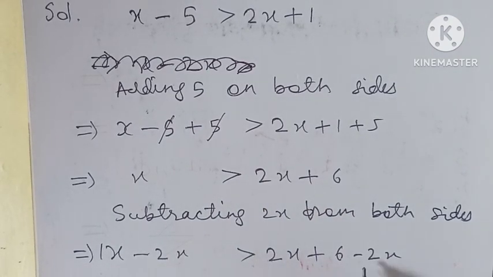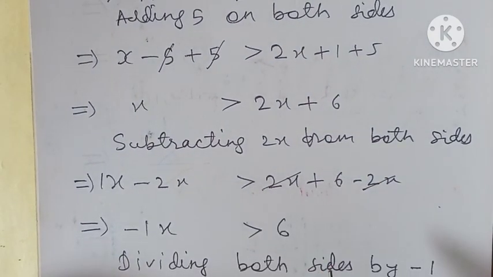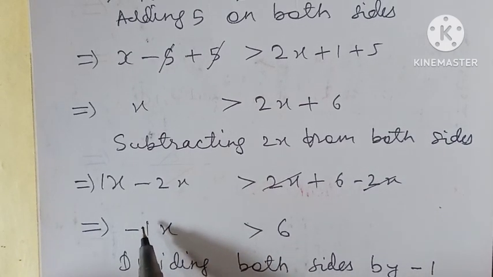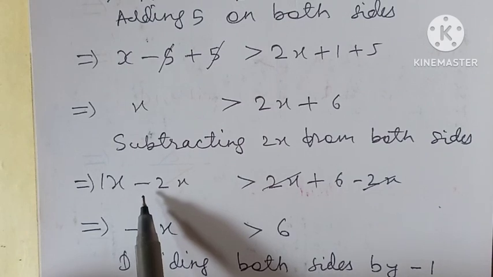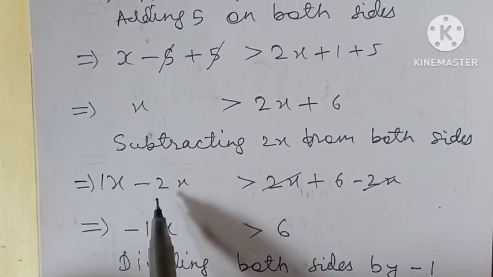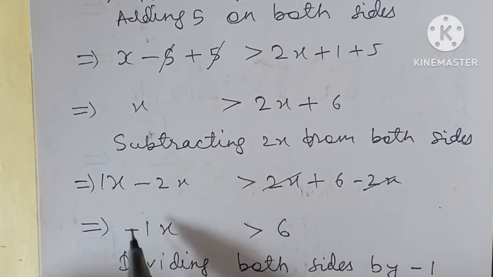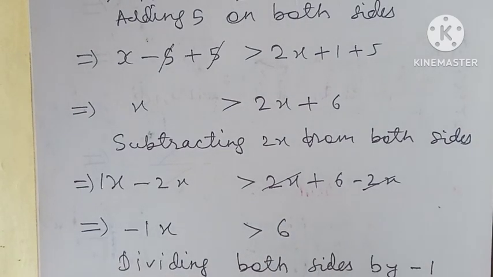So subtract 2x from both sides, then these 2x are cancelled, and we have 1 minus 2 is -1. 1 minus 2. We put the sign of bigger number, that is 2, and we subtract. So here 2 minus 1 is 1. So it is -1x. It is 6.